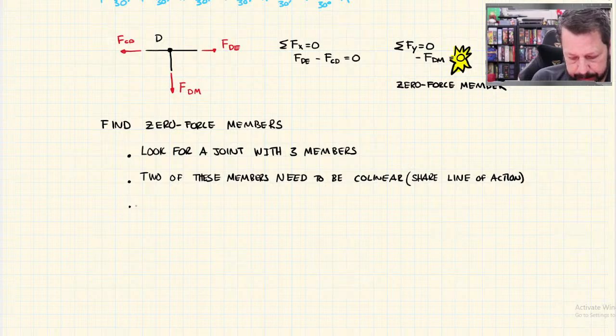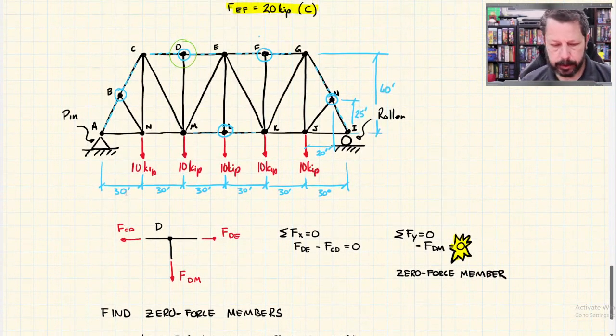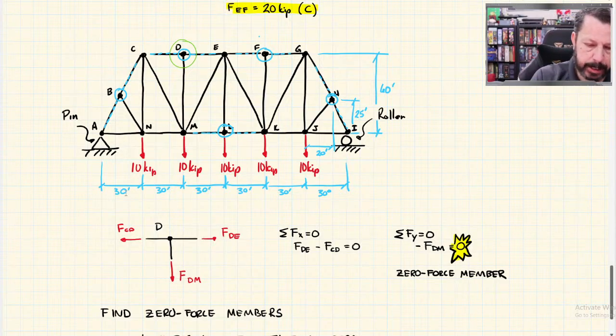Now we need no external force at this joint. And I'm going to put it directly over here in parentheses. So B, yep, no external force there. D, no external force there.